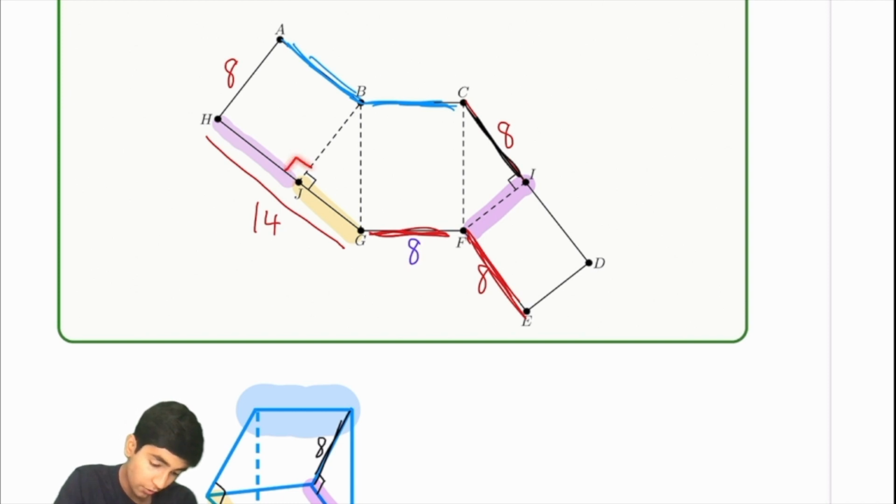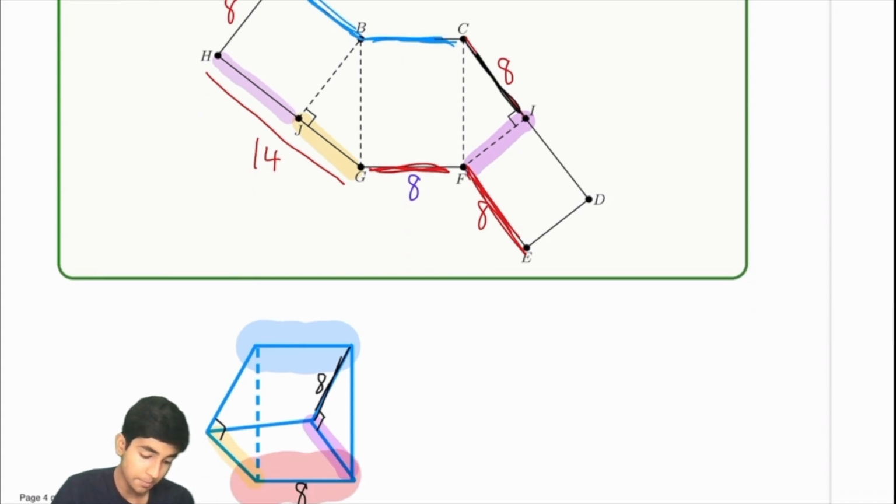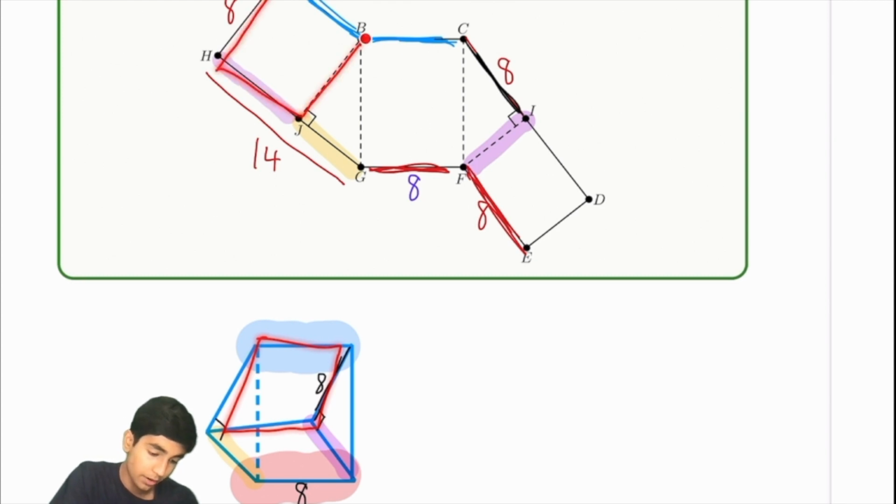Notice how this over here is a rectangle, right? And the prism, as you can see, it's a rectangle over here. Even though it's a little tilted, that's because it's a 3D drawing, right? So this over here is a rectangle. It's this rectangle over here. So AB, as we already saw, will fold down to BC.